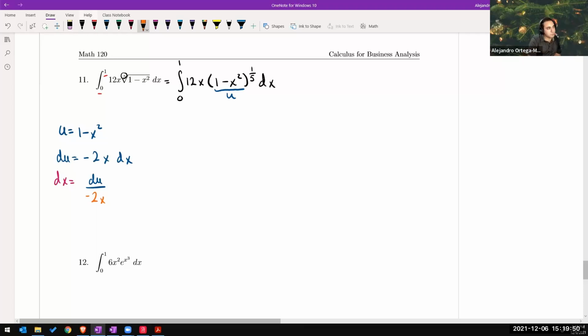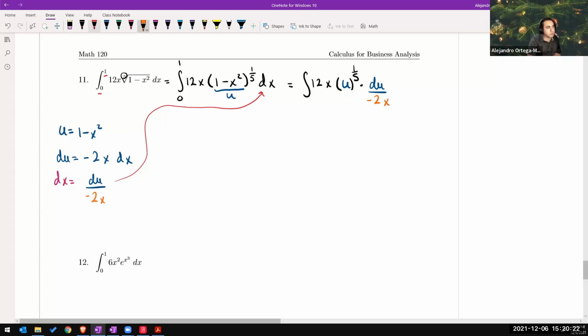So if I go ahead and do that, then I'm going to have the integral of 12x times u to the 1/5, and we substitute in the dx, which was du over negative 2x.